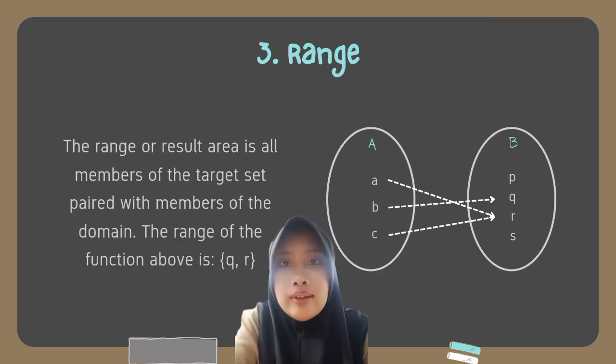Range. The range or result area is all members of the target set paired with members of the domain. The range of the function above is Q, R.